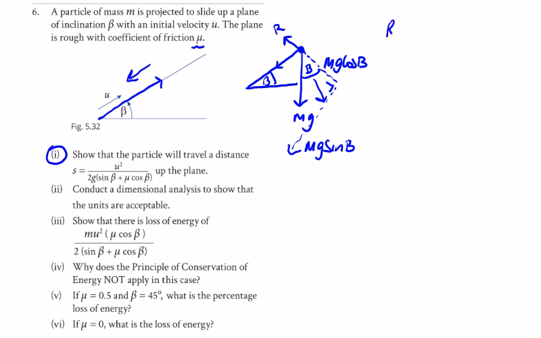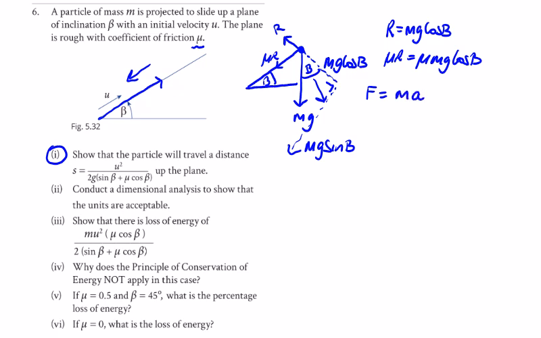So R is equal to mg cos beta. So the force back down the slope, mu R, is going to be mu mg cos beta. Force is equal to ma.